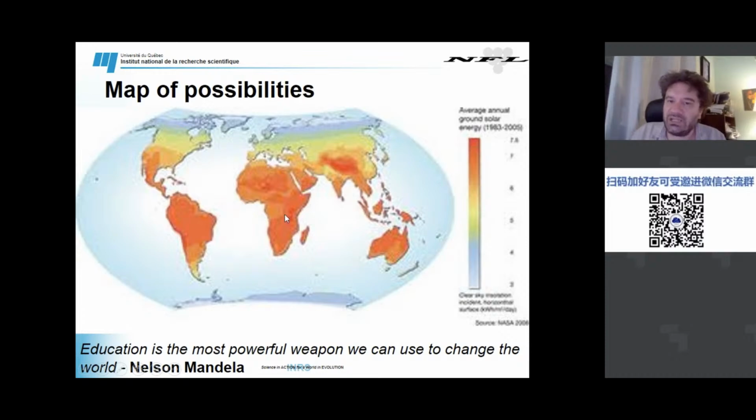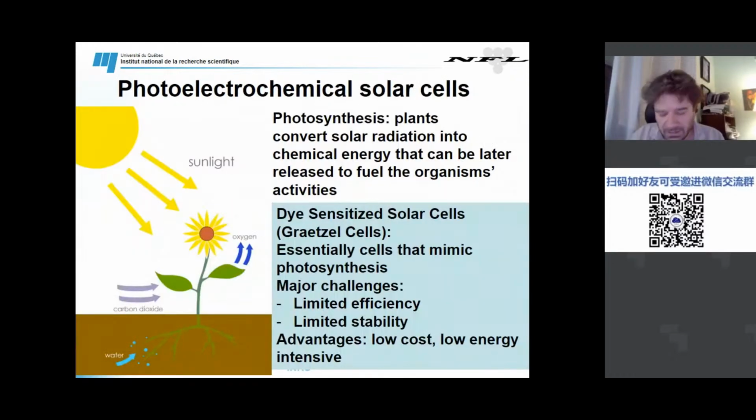And so in this respect, there's a huge opportunity of deploying solar technologies in these parts of the world, which are the ones that actually need energy more than anyone else, so that there can be a huge societal development and impact, possibly within 1 or 2 generations. And this should also help a lot in addressing climate change. So, of course, there's silicon solar cells, which currently dominate the market in photovoltaics.